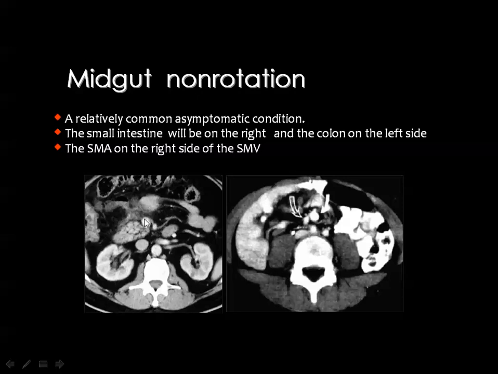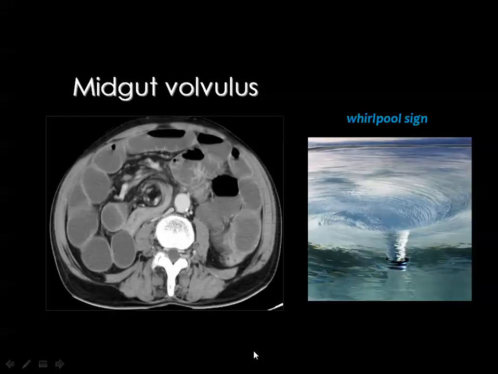Then sometimes in cases of mid-gut rotation or abnormal rotations, you get abnormal relationship of the superior mesenteric artery and the vein. And in cases of volvulus of the mid-gut, you will see the region of the superior mesenteric artery and vein with multiple whorl-like shadows, almost similar to this what we call the whirlpool sign.